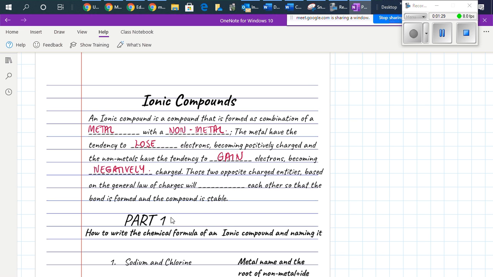And so now we have two ions, one that is positively charged and the other one that is negatively charged.